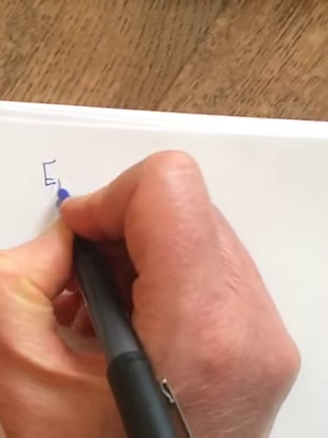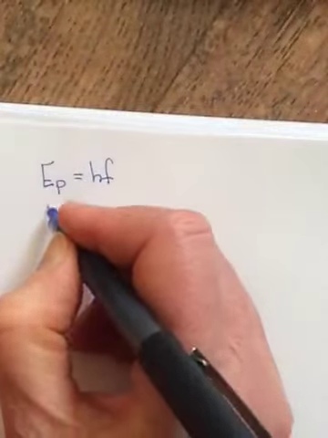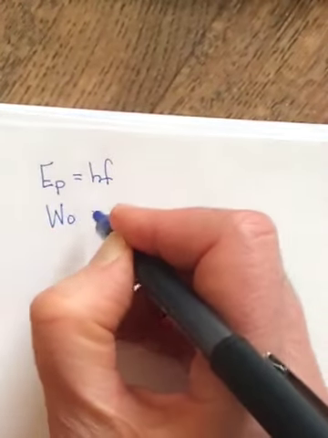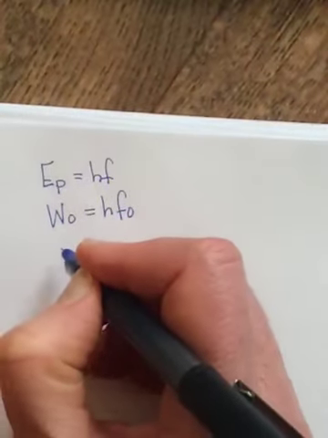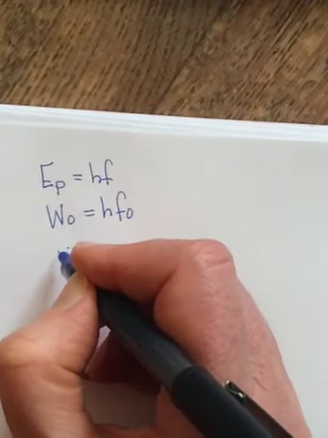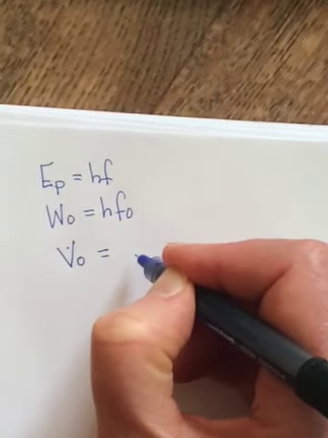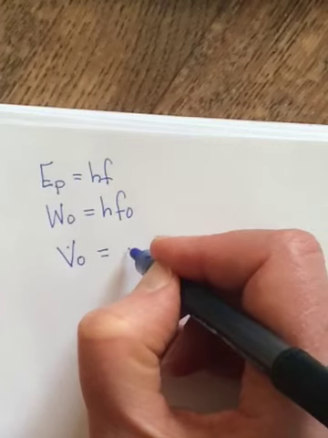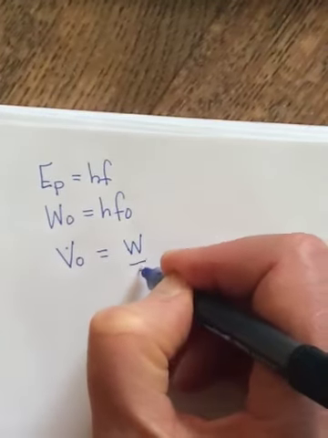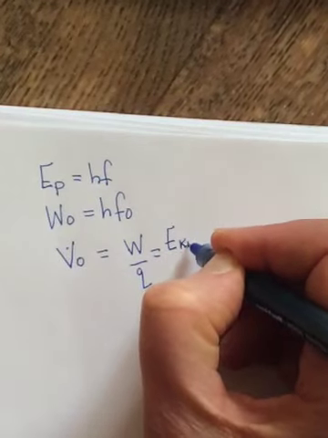Okay, so we have the energy of a photon is equal to hf. We have the work function is equal to hf0. We have the stopping potential, V0, is equal to W over Q, but that W is really Ek max.